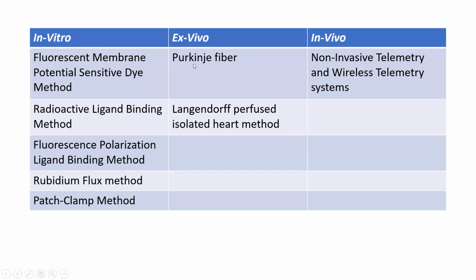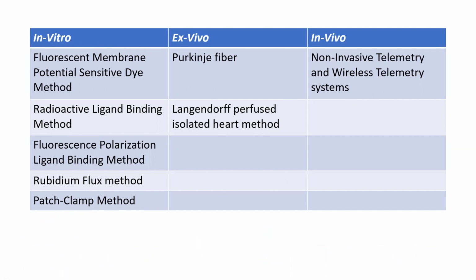Ex vivo, there is the Purkinje fiber method and the Langendorff perfused isolated heart method. In vivo, non-invasive telemetry and wireless telemetry systems are used to find out the activity on the hERG gene.